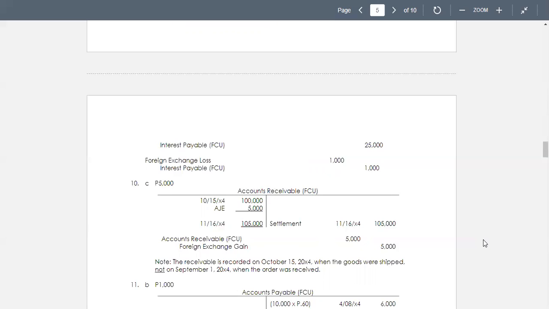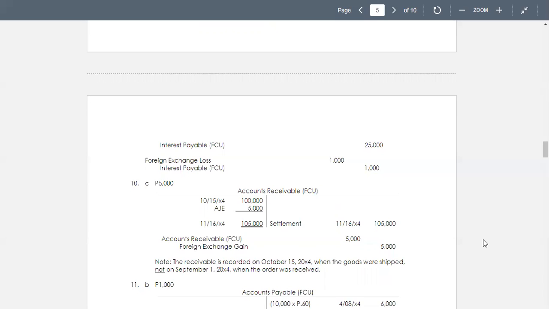And then we have the adjusting journal entry recognizing foreign exchange gain in the amount of 5,000. So that you will find in number 10. The correct answer is letter C.